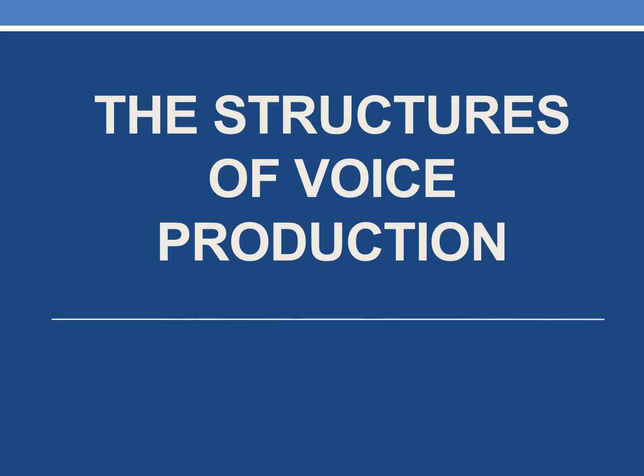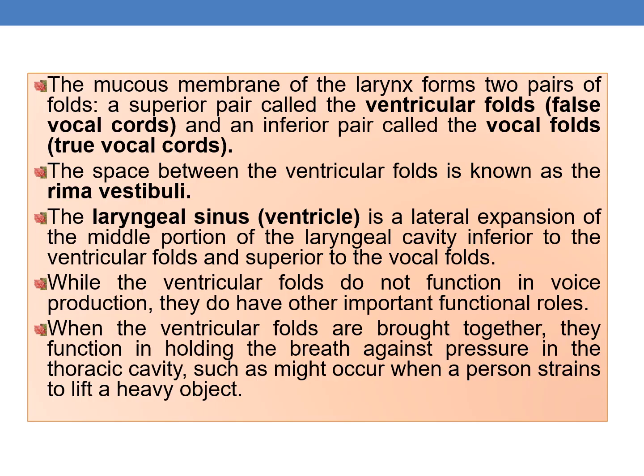Now coming to the structures of voice production. The mucous membrane of the larynx forms two pairs of folds: a superior pair called the ventricular folds or false vocal cords, and an inferior pair called the vocal folds or true vocal cords.